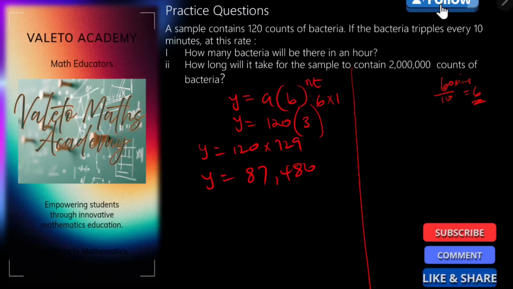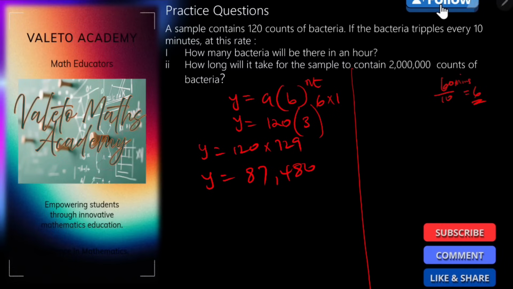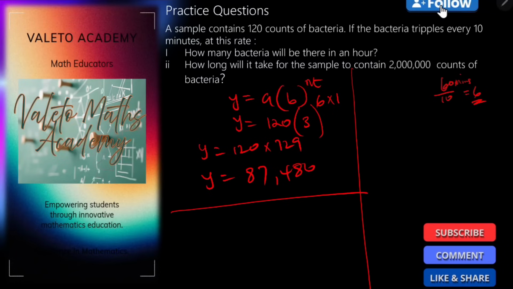And the second question says, how long will it take, second part of the question, how long will it take for the sample to contain 2 million counts of bacteria? So now we have the formula here.